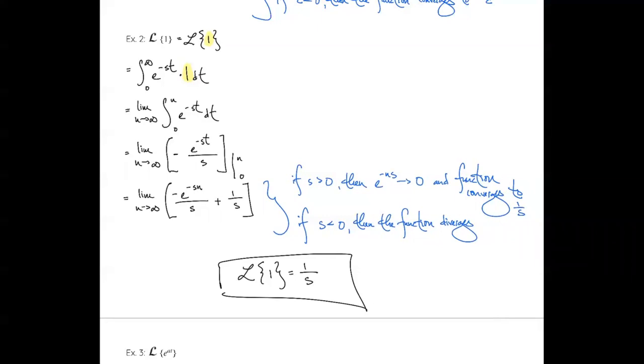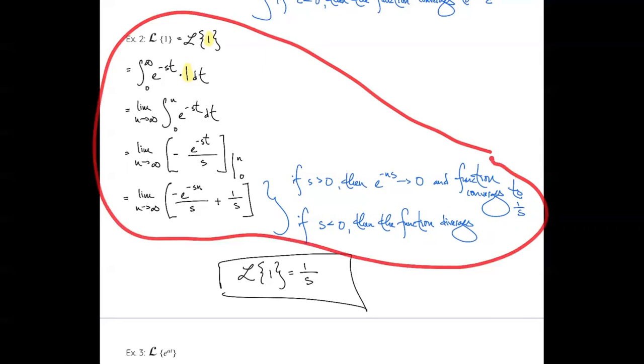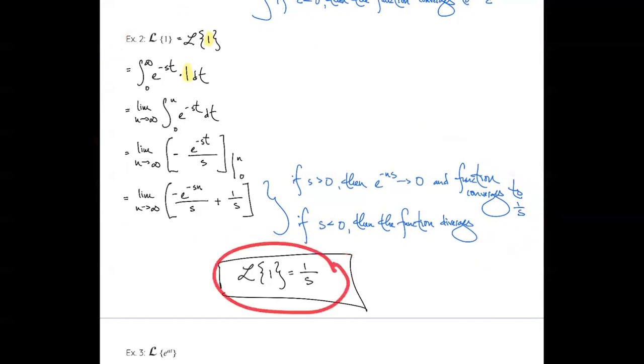I don't want us to just look at that and be like, great, someone just told me that it equals 1 over s. Let's think about where it came from. It just comes from that formal definition, sort of the long way to get there. But starting tomorrow, we'll be able to just look at the table and say, oh, I have a 1, that's going to be equal to 1 over s. Okay.